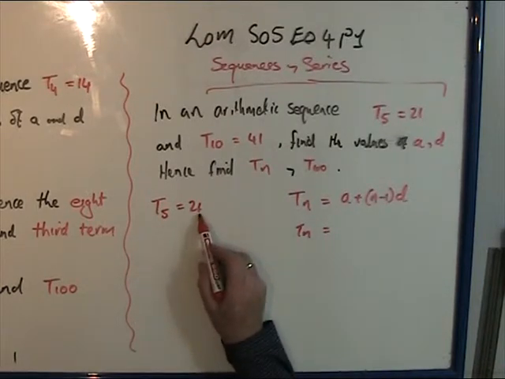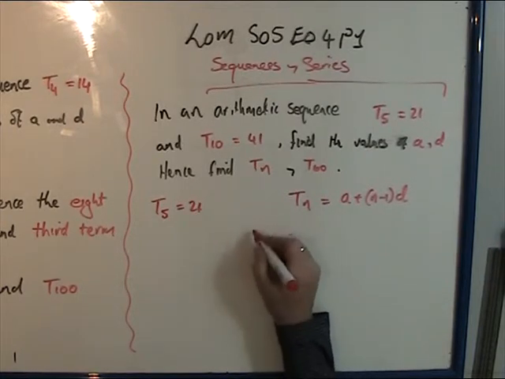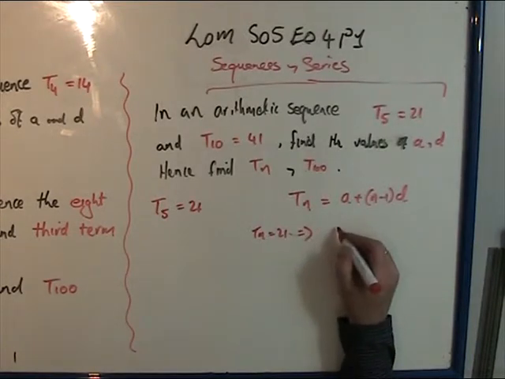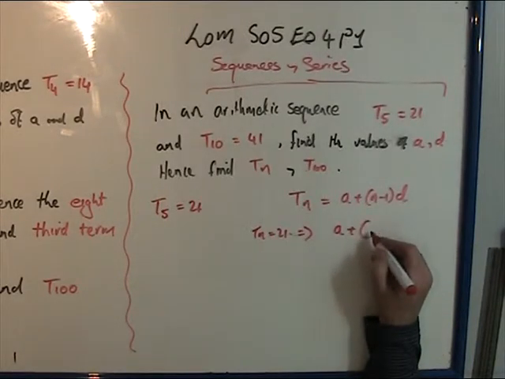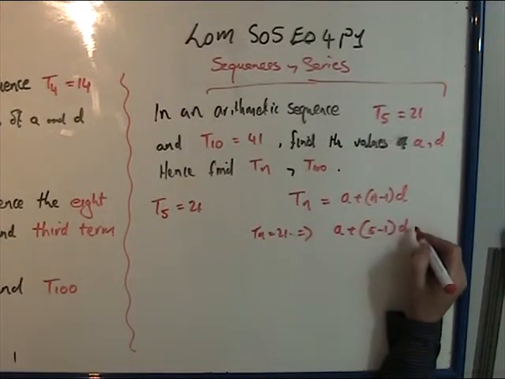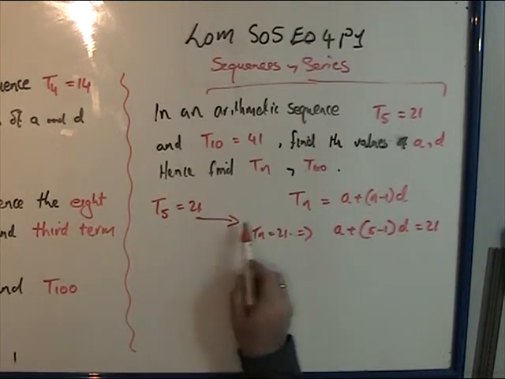So when Tn is equal to 21, this implies A plus (5 minus 1) times D, which we don't know, is equal to 21. So you see I substituted this in for this.